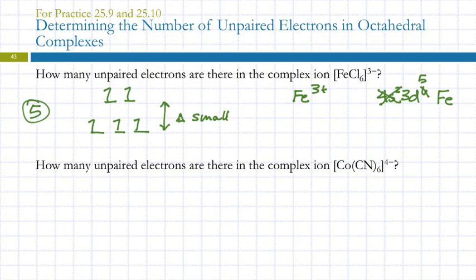Hexacyanocobaltate 6? No, 2. Cobaltate 2. The cyanide ions, -1. Overall -4 charge, so the cobalt must be cobalt 2+.